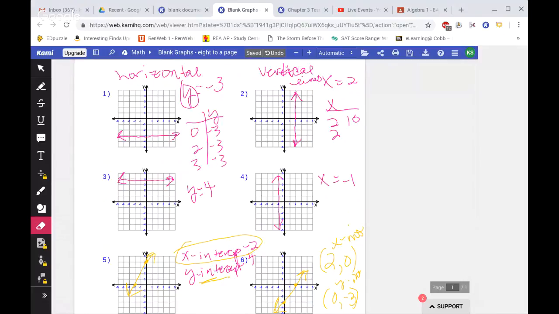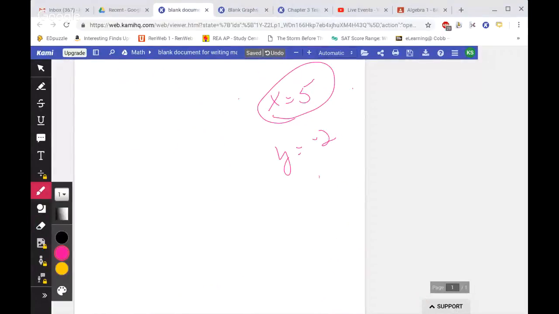Does that make sense? This is a line. And this is a y or an x intercept. And I didn't want there to be any confusion. So I've been trying to make a habit of writing my answers in an ordered pair when it was an x intercept, because I did not want to confuse you guys.